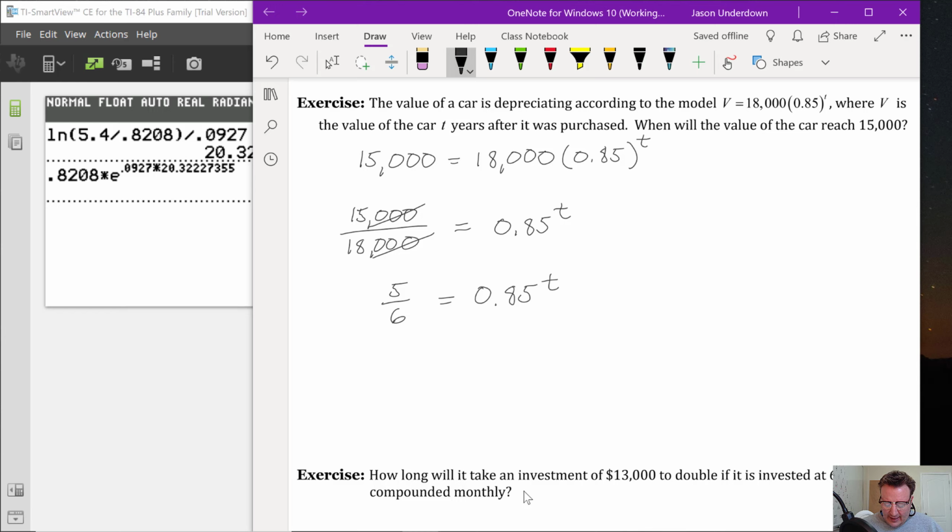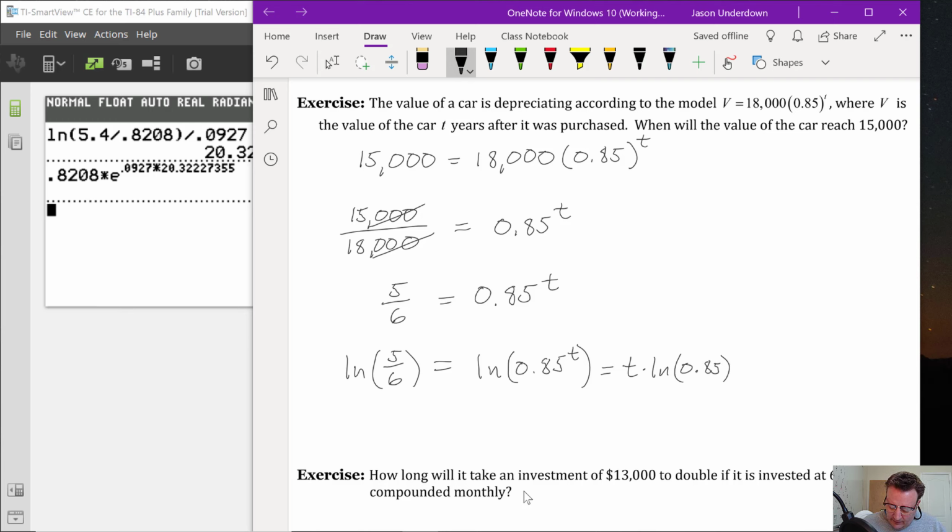Okay, let's see. I think I'll take the natural log of both sides. I could take logarithm base 0.85, but no need. Natural logarithm will work just fine. I get the natural log of 5/6 is equal to, and remember, the natural log of an exponential is equal to t times the natural log of just the base, 0.85 in this case.